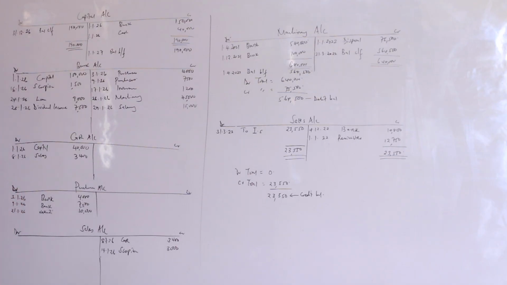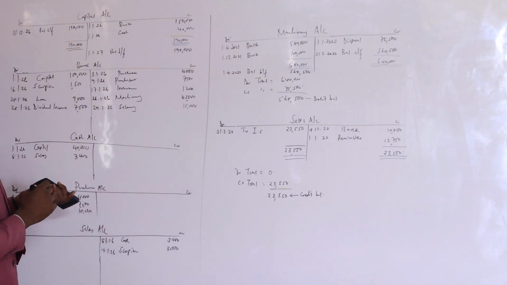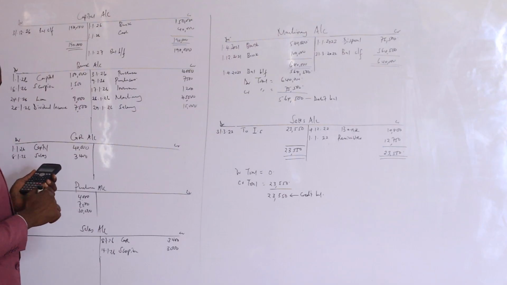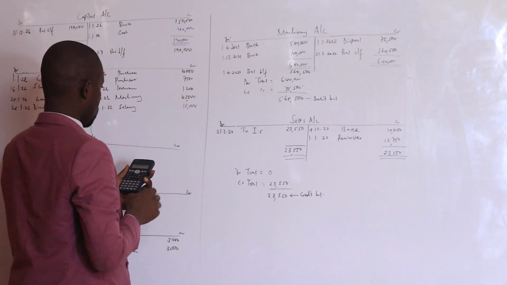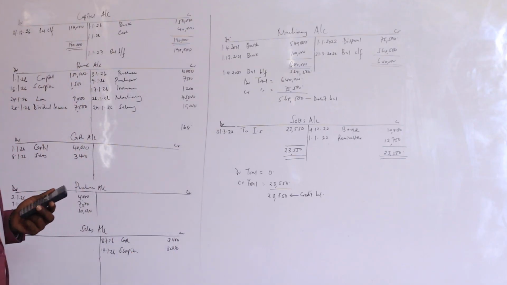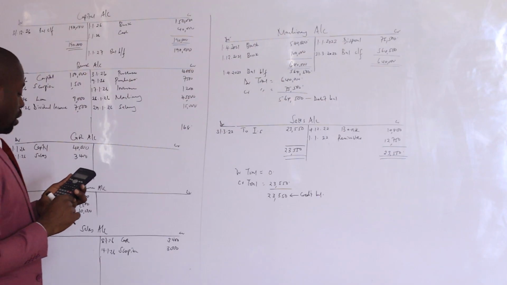We carry forward the difference or the balance. On the debit, we have 151,500 plus 16,500, 168,000. Then on the credit side, we have 11,500 plus 1,200 plus 45,000 plus 15,000, 72,700.